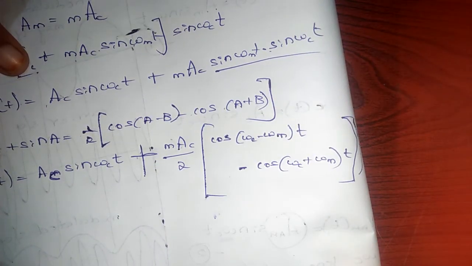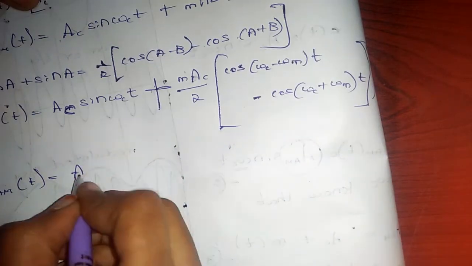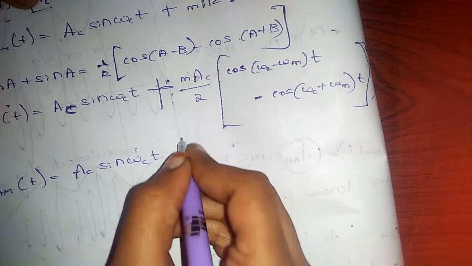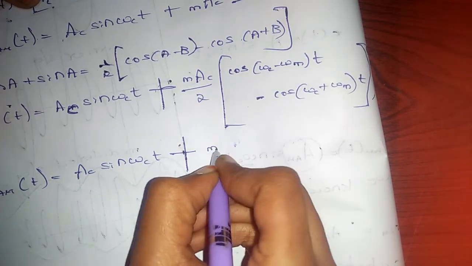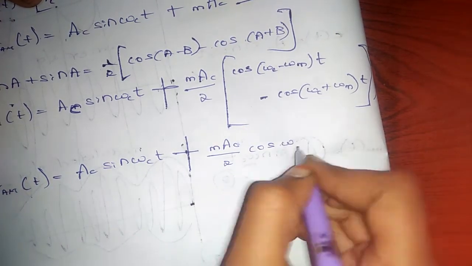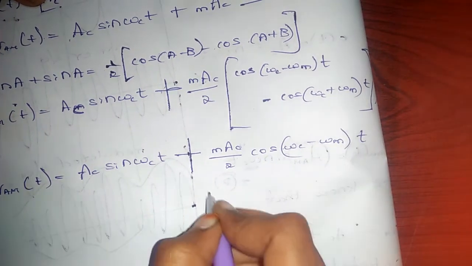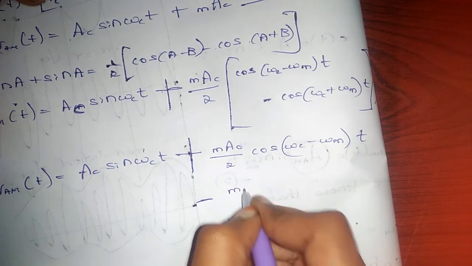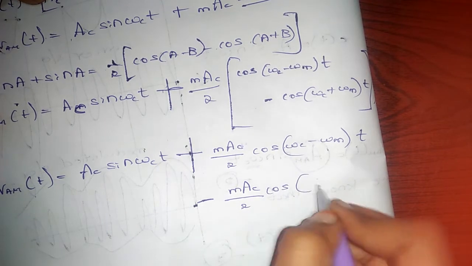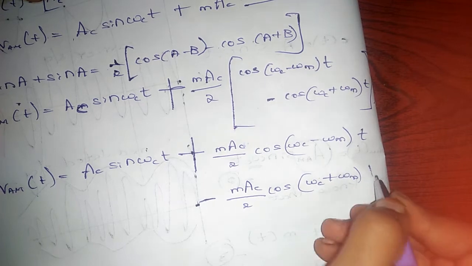If we simplify, we get AC sine omega ct plus MAC by 2 cos omega c minus omega m of t minus MAC by 2 cos omega c plus omega m of t.